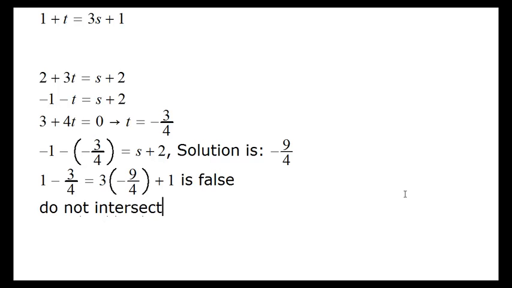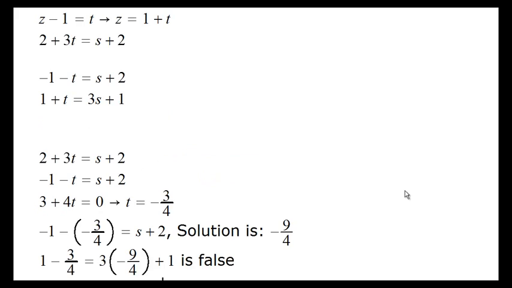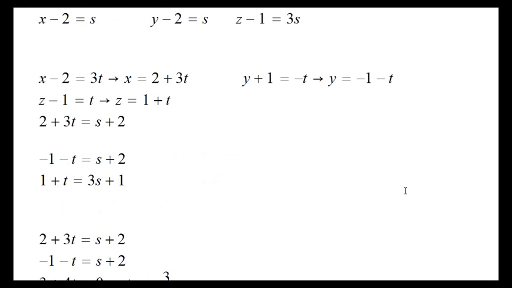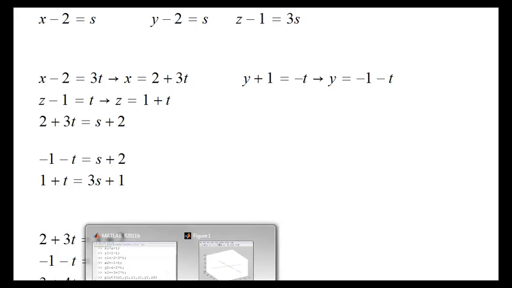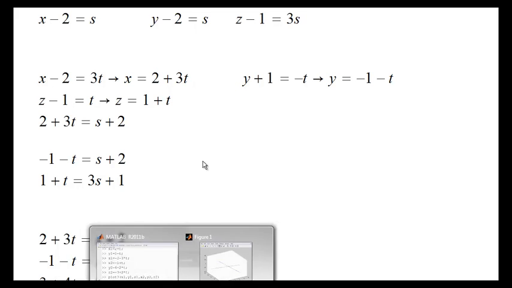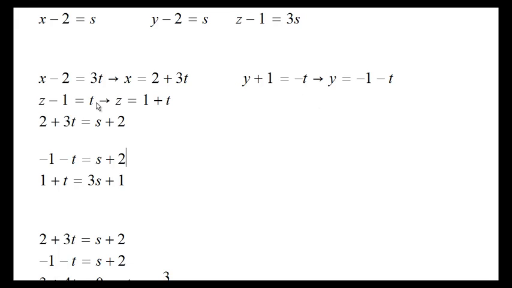So as before, we can go to MATLAB and look at a graph of whether these two lines intersect or they don't. Here for x I got 2 plus 3t, and for y I have negative 1 minus t.